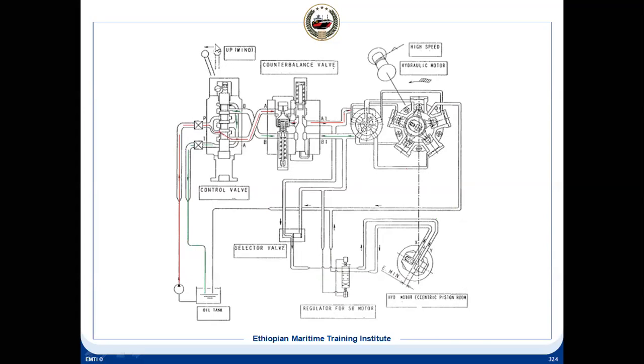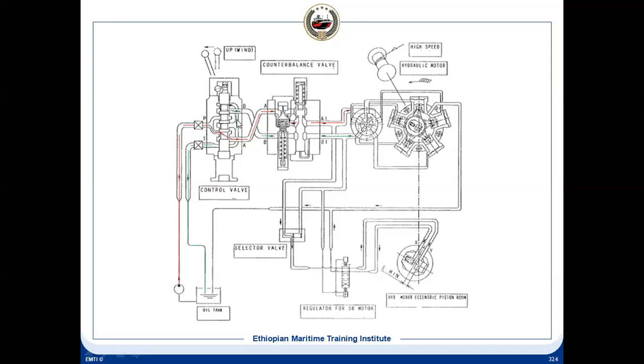So in this direction, when you move, the spool valve will move upward, and what will happen? This port will be connected. It means P will be connected to A and T will be connected to B. So the pressure will move like this, and then it is going to the hydraulic motor to turn. The return line will come back like this.